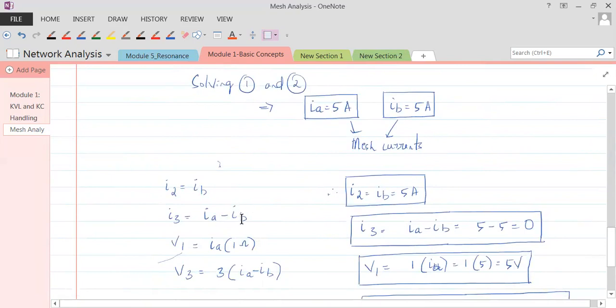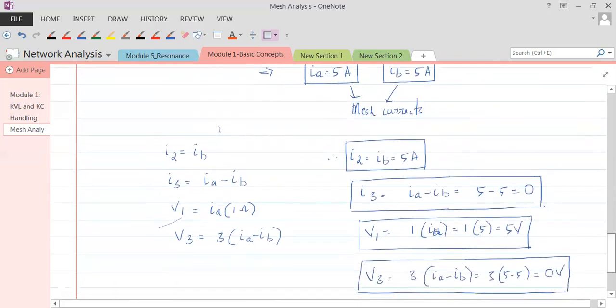Since IA and IB are the same, I3, which is IA minus IB, becomes 0 amperes. And V1 is IA into 1 ohm, so it is 1 into 5 amperes, which is 5 volts. And what is our V3? V3 is 3 into IA minus IB. IA minus IB is 0, so it's 3 into 0, which becomes 0 volts. Everybody is okay with that?